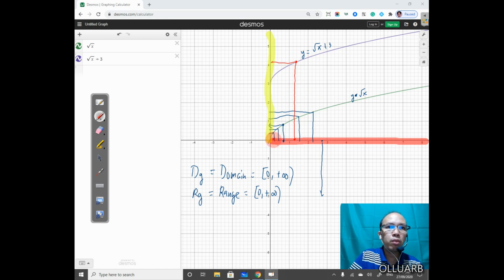The same is true for all points here. You can always find a y. y is always well defined. So again, the domain of this equation is the same as that of y is equal to square root of x.